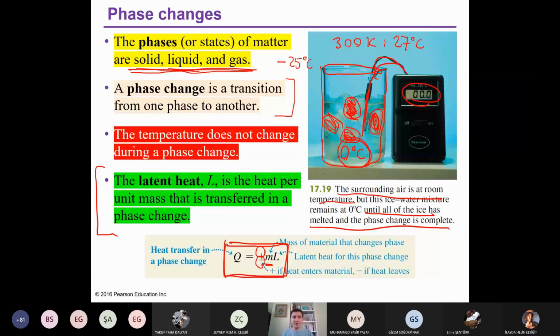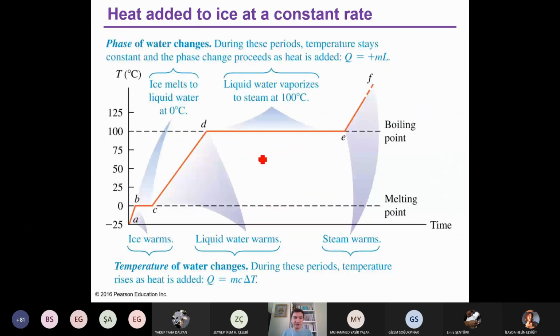So here we have a graph of temperature versus time. This is the temperature axis here in degrees Celsius, and here we have the time axis, and here we have minus 25 degrees Celsius, here we have 0 degrees Celsius, here we have 100 degrees Celsius. This is the phase graph for the water, okay?